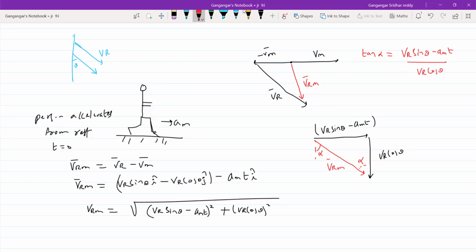Where should I indicate Vrm? It will be somewhere like this. It all depends upon the value. So this will be Vrm. So the person should hold the umbrella accordingly.